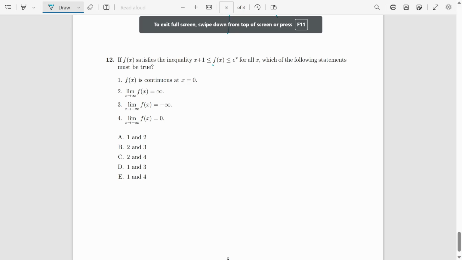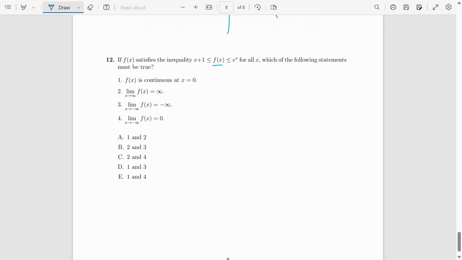so you have some function f of x that we don't know, but we know it is between two other functions, x plus 1 and e of x, and it asks us a couple statements about it. So this would be very good to graph out. Let's make some axes here. Let's make it a pretty big graph so we have room to work with.